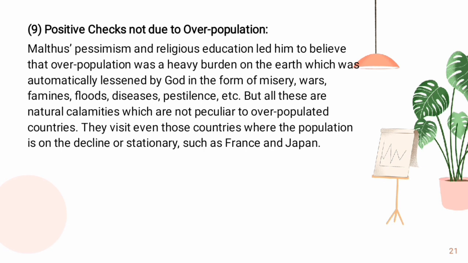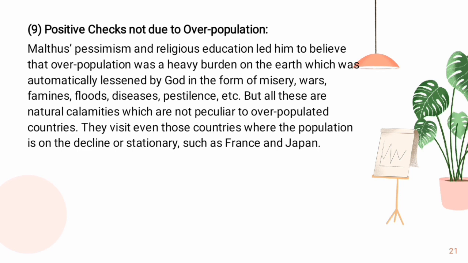So, yung ganito kasi ng mga instances, ang tingin ni Malthus, dun lang sa overpopulated na country, hindi niya nakita na yung mga ganitong bagay is mangyayari din kahit nga dun sa mga countries na sakto lang yung population or kontrolado lang yung population like Japan or France or China or US.